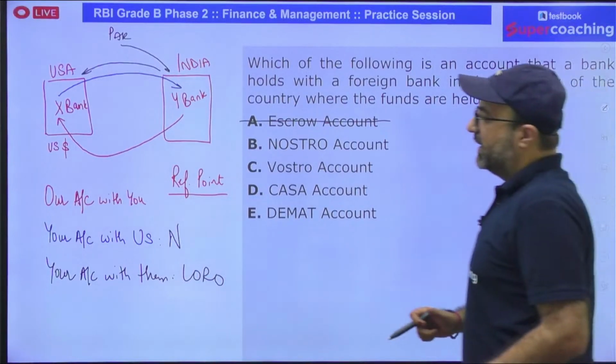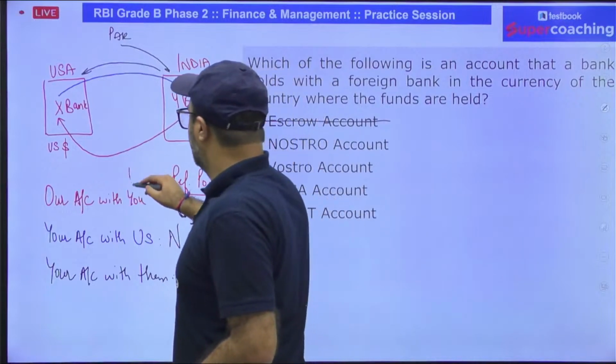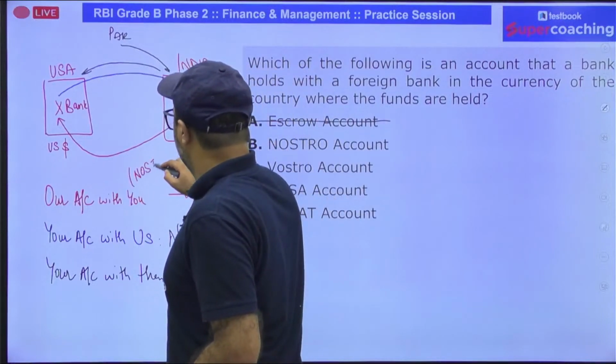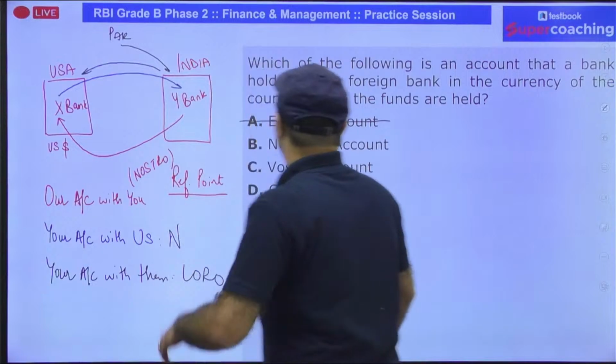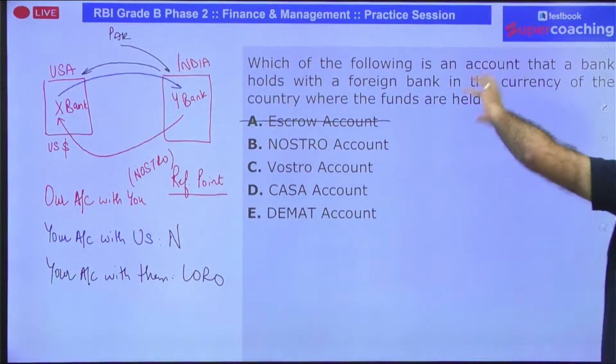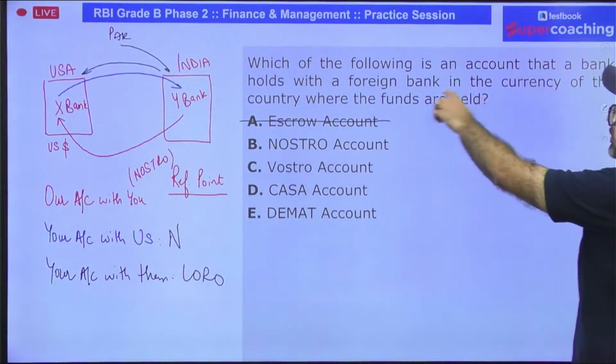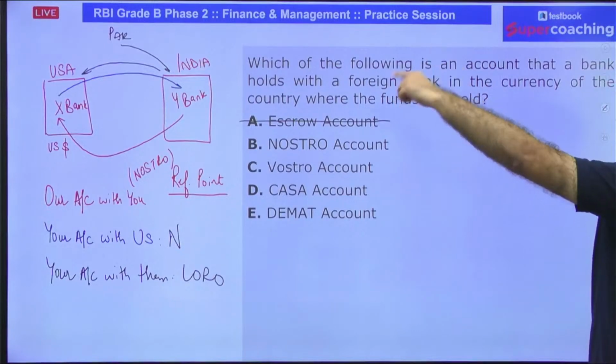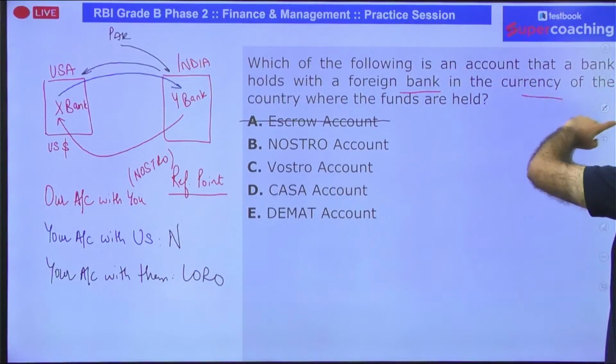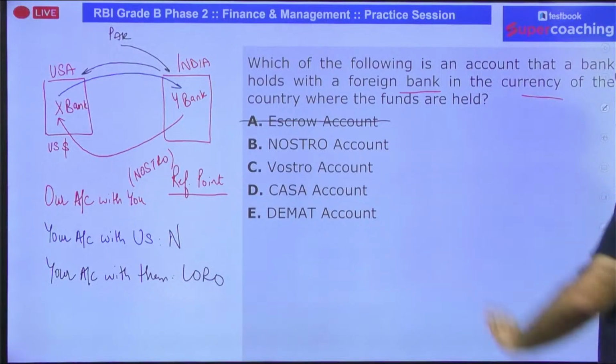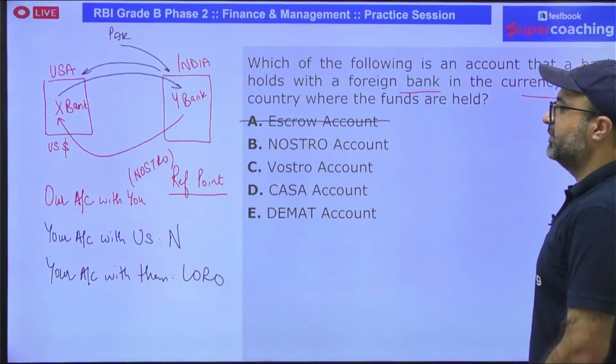So our account with you. If I consider the reference point as India, an Indian bank is holding an account with a foreign bank, that means with a bank in US currency. My reference point is India, then it will be termed as Nostro.